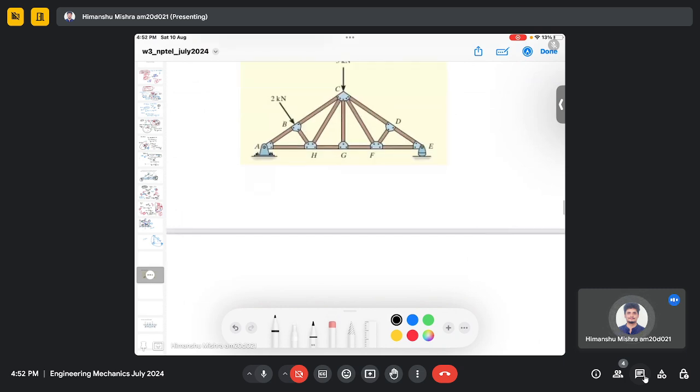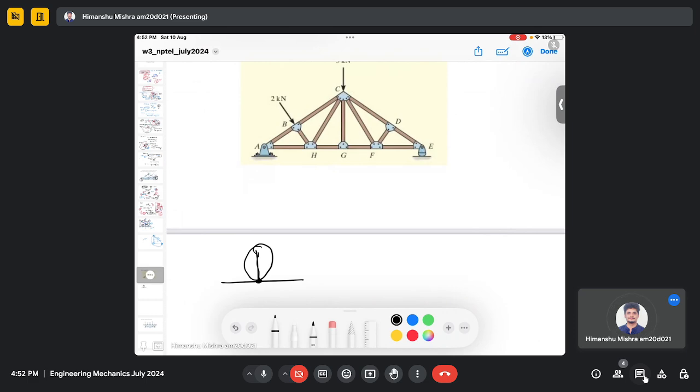Whenever you need to find the zero force member, you should always look at this kind of joint first, where you have a perpendicular kind of a joint, because usually in this kind of joint this member is a zero force member.